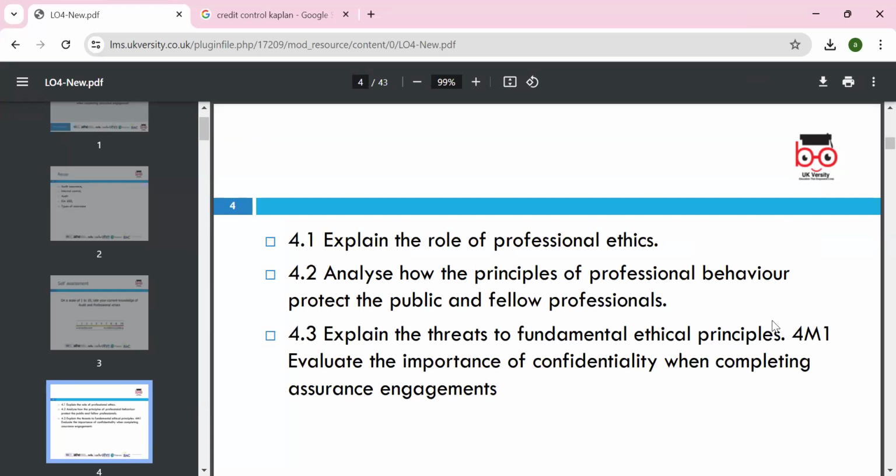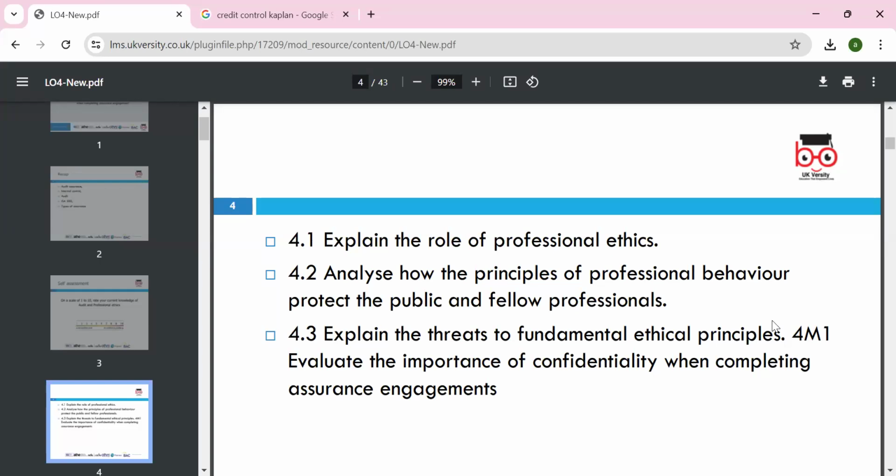So 4.1, we have explained the role of professional ethics. Then we have to analyze how the professional and the principles of professional behavior protect the public and fellow professionals. So the wider interest of the public is what we really need to work towards, and explain the threats. There are 5 different types of threats we need to minimize and draw safeguards.